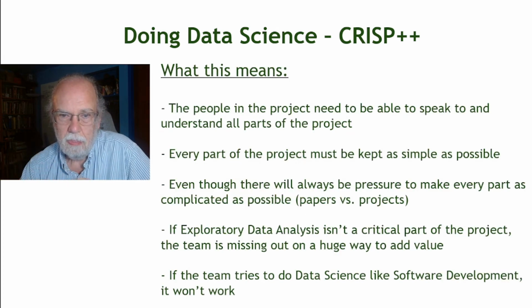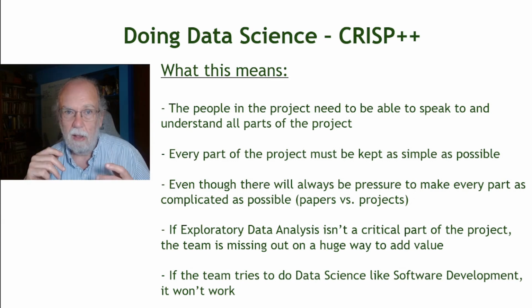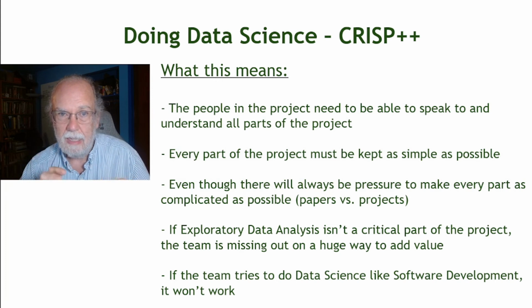First off, the people in the project need to be able to speak to and understand all parts of the project. In software development, it's pretty easy to be siloed. That doesn't work very well here. Now, every part of the project needs to be as simple as possible. Making any one part more complex will make all the other parts complex as well.